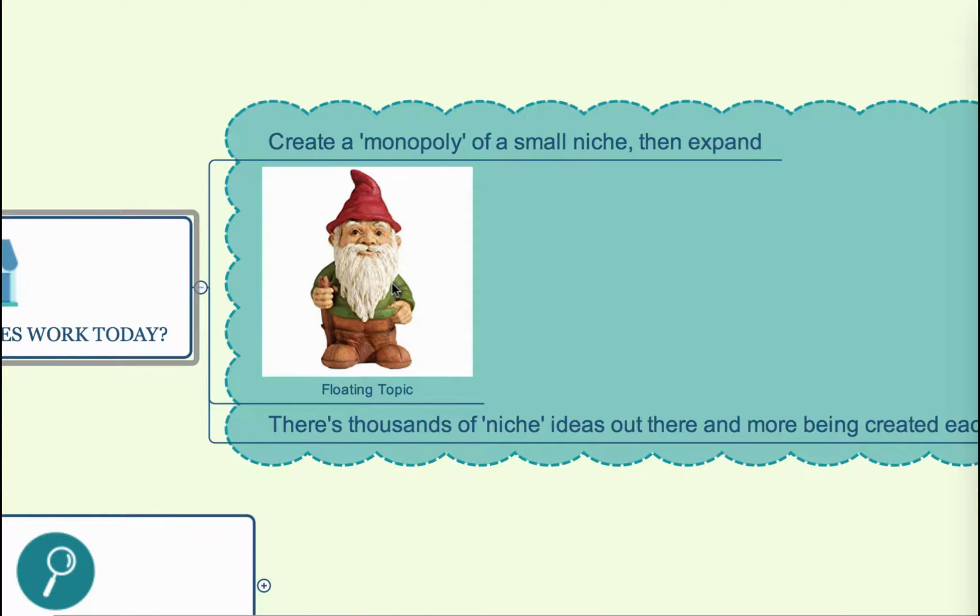Now I have a picture of this garden gnome here. So, for example, you could create a sub niche out of lawn and garden of just selling garden gnomes, and then you can create a monopoly of having the best brand and the best products. And your site is known for the best content and variety of garden gnomes.